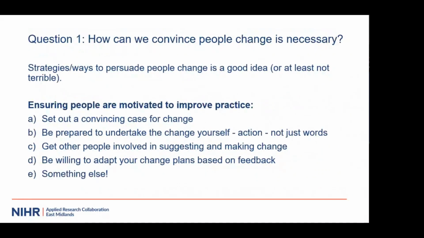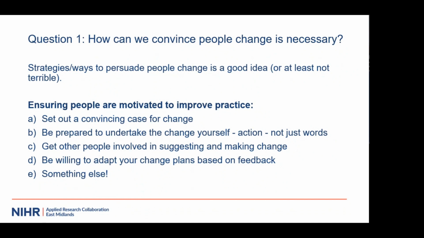So I would like us to think about this question. It's the same process as before. People respond to different stimuli when it comes to thinking about change. So can we please order these strategies in terms of which you think are the most likely to the least likely to persuade people change is a good idea, with most likely to persuade at the top.